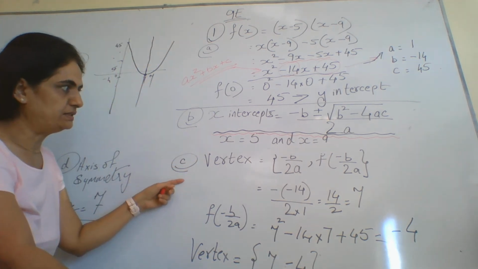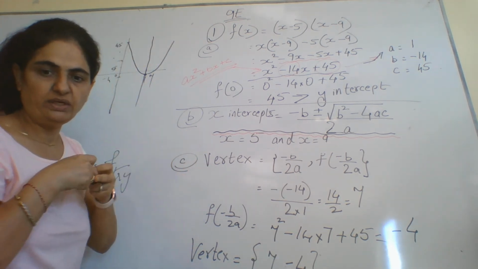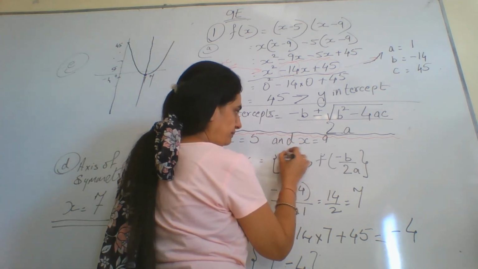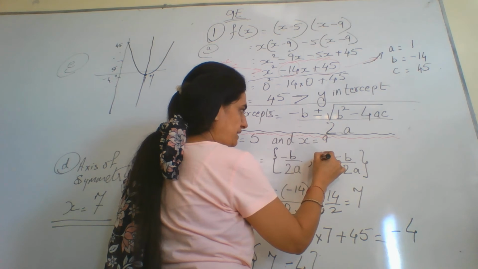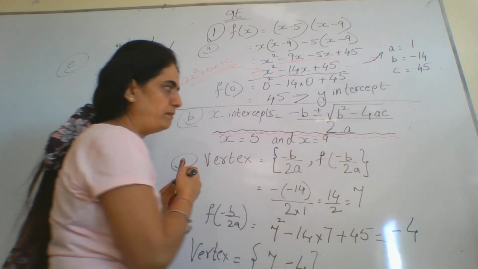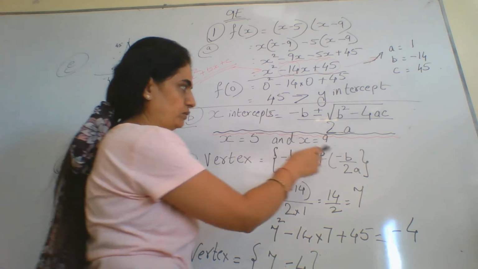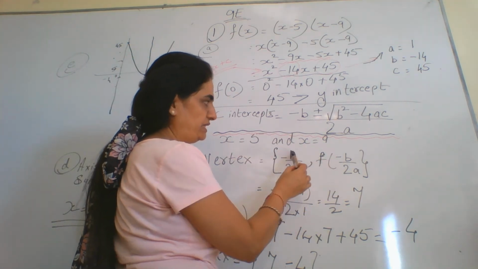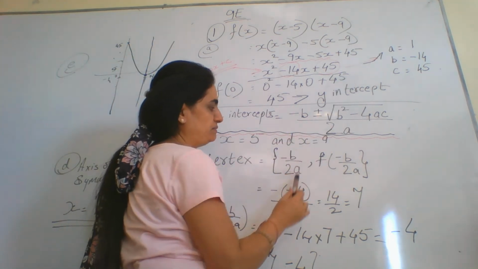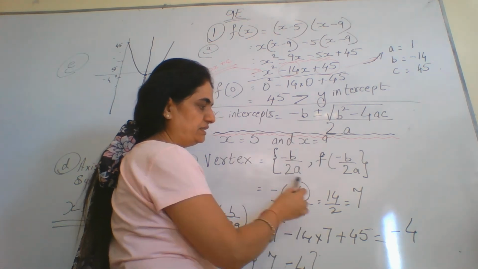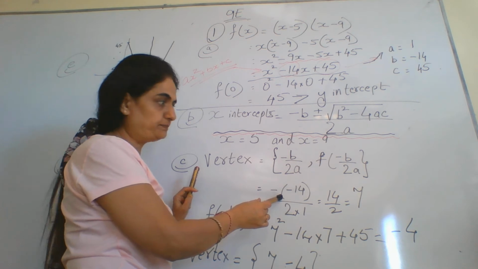For the C answer, to find out the vertex, as we have all seen in our previous exercise, we use this formula, minus b over 2a and f of minus b over 2a. So here, when I substitute these values, minus b, that is minus minus 14 over 2 times 1, I get the x coordinate.